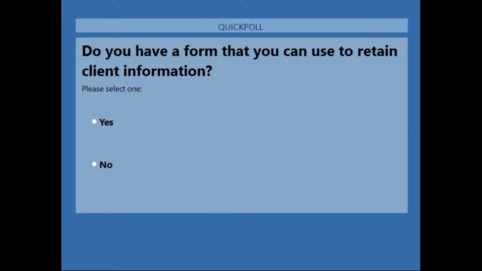I'm going to give this a few more moments to progress, and we'll see that at this particular point, a little bit more than half of you do have a form that you're using, but a little bit less than half of you do not. So hopefully for all of you involved today, the information that we'll share will have a purpose, and you'll find it to be a good use for you going in the future.